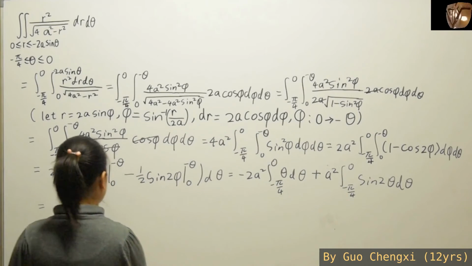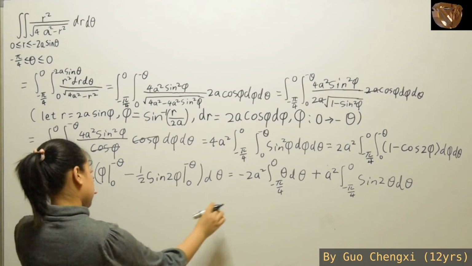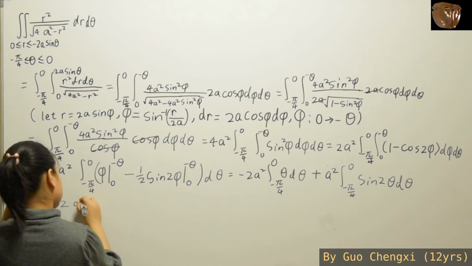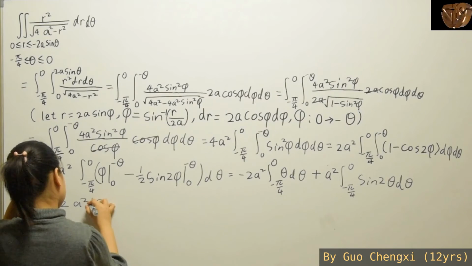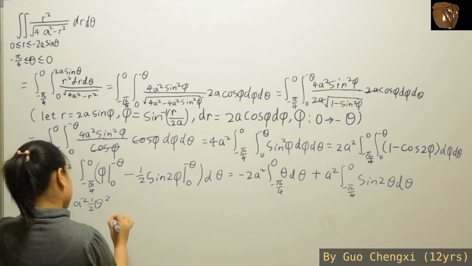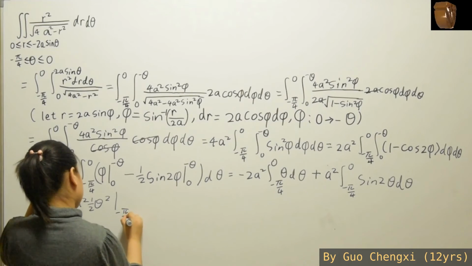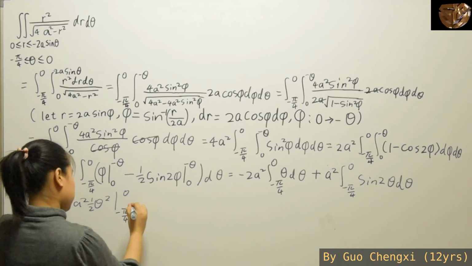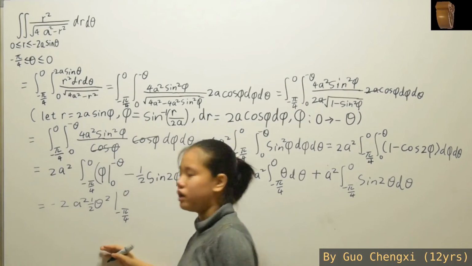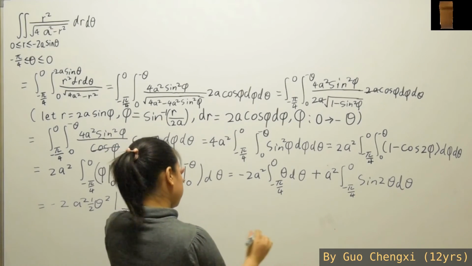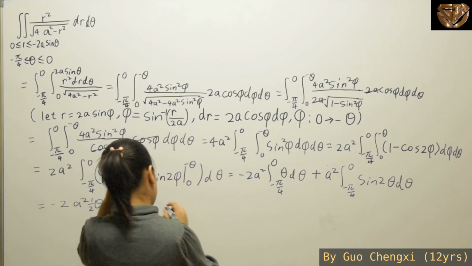If you integrate this part, you're going to get half theta squared from negative pi over 4 to 0, as shown here. Then we're going to add this part, which will need another half.